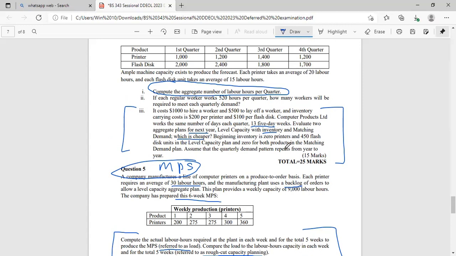Beginning inventory is 0 printers and 450 flash disk units in the level capacity, and 0 for both in matching demand. Assume that the quarterly demand pattern repeats from year to year. So we can go for matching demand.